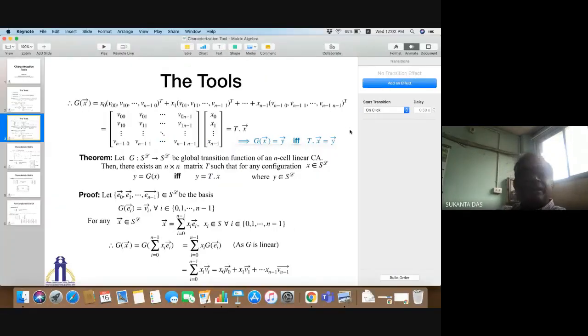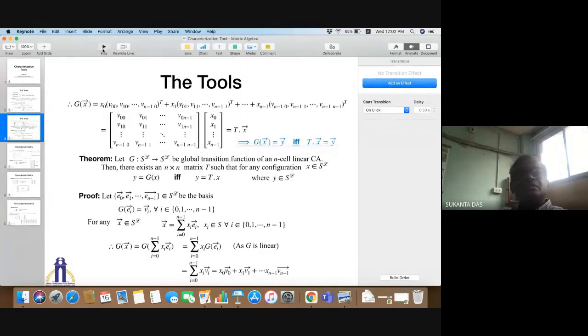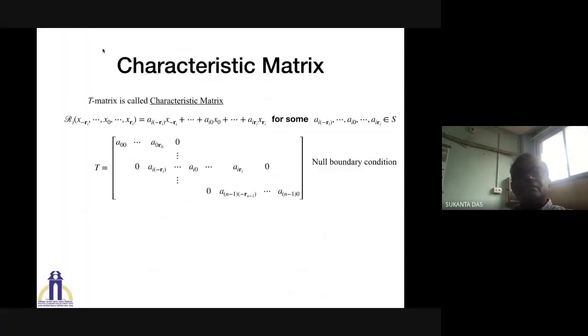So considering this fact, suppose Ri is my rule of this format. I have written it in general format: Ri of x_{i-1}, x_i, x_{i+1}, and this is my rule. Here a_{i0}, a_{ij} are constants, I mean, they're scalars, right?